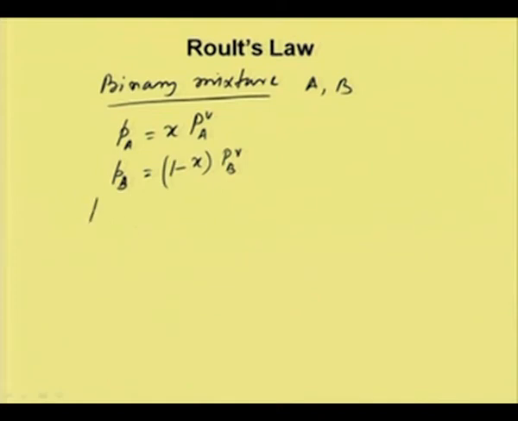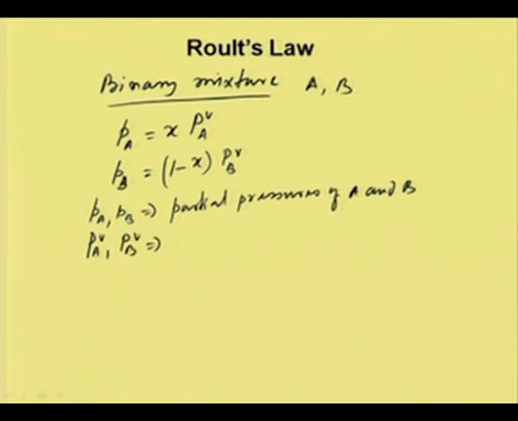So, PA and PB are the partial pressures of A and B. PAV and PBV are the vapor pressures of A and B at the given temperature.